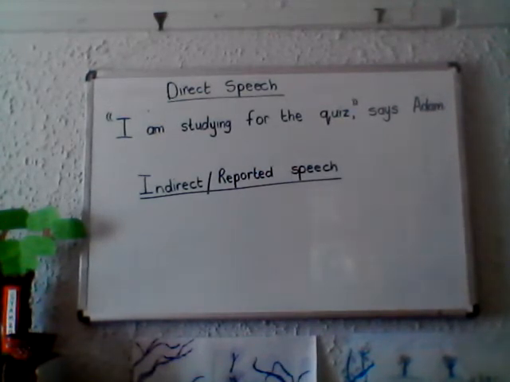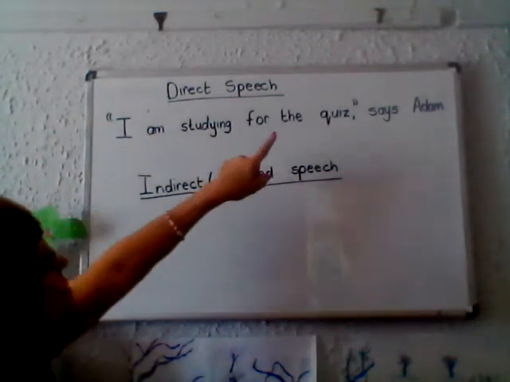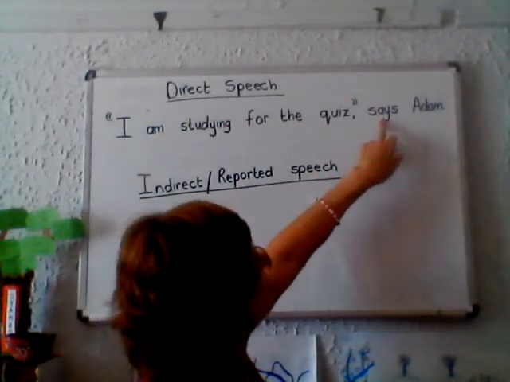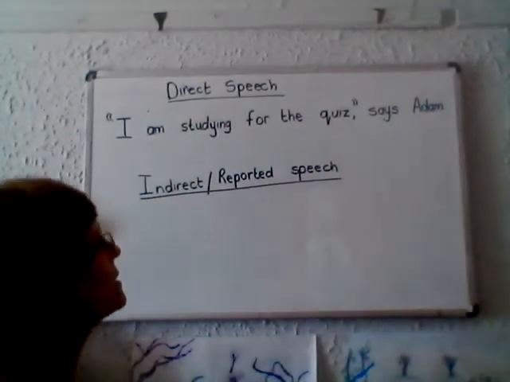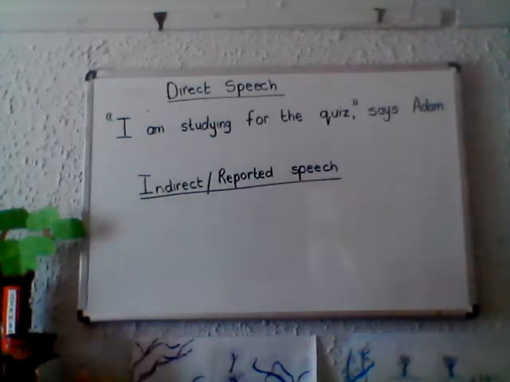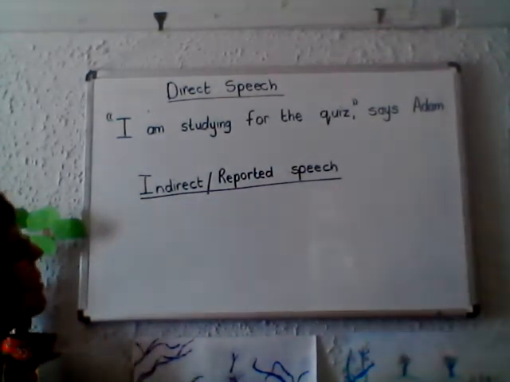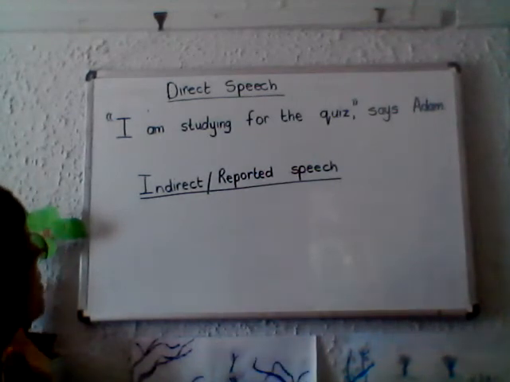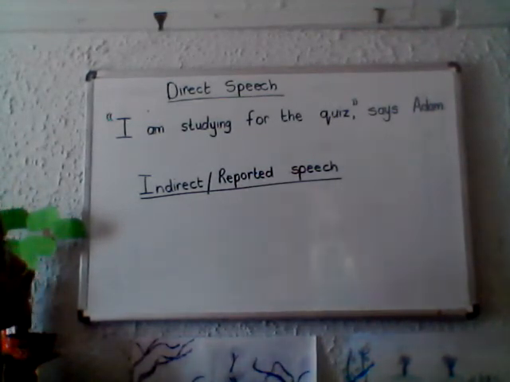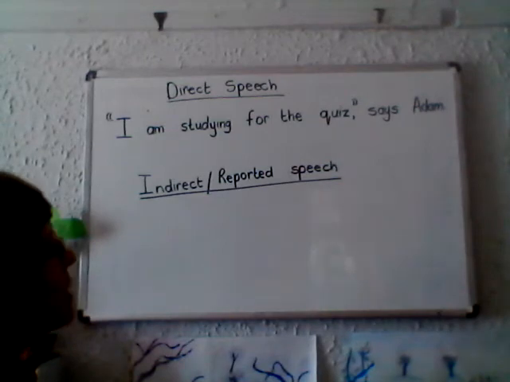And when you write that down, there's a way that you show it. You use your inverted commas, and the comma, like for example, says Adam. And if Adam says this in front, you use a colon, like Adam says, colon, and inverted commas, I am studying for the quiz, and close your inverted commas.